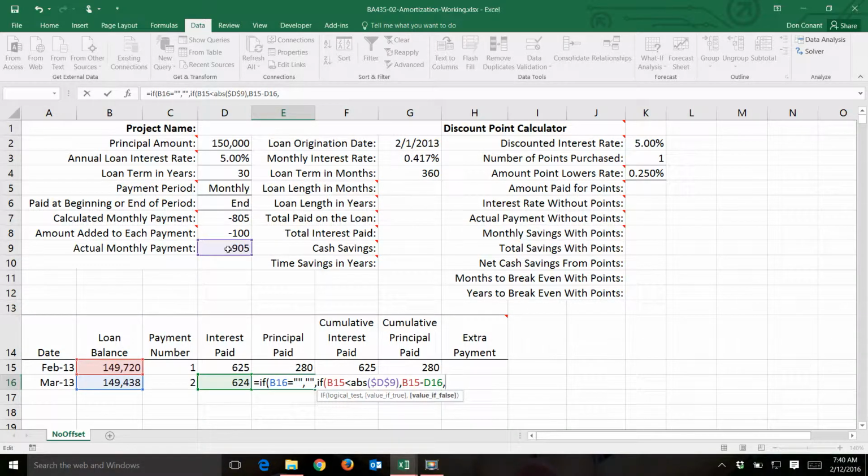Otherwise, we want to take the absolute value of our loan balance, which is absolute, and we want to reduce that by the amount of interest that we paid, and then add to that the absolute value of any additional payments we might have made, and we would have made those in H16.